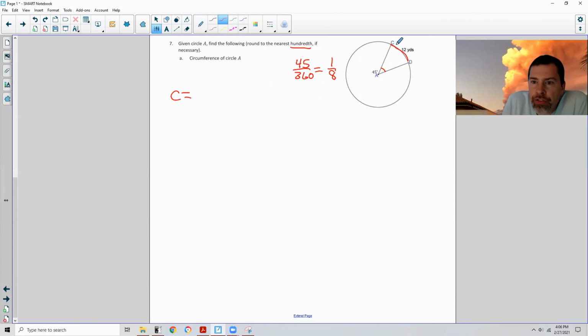But if this is 12 yards and this is 45 degrees, 45 times 8 is 360. So there would be 8 of these 12 yards that would make a full circle. Since that is 1/8, it'd be 8 times 12 yards, which equals 96 yards.